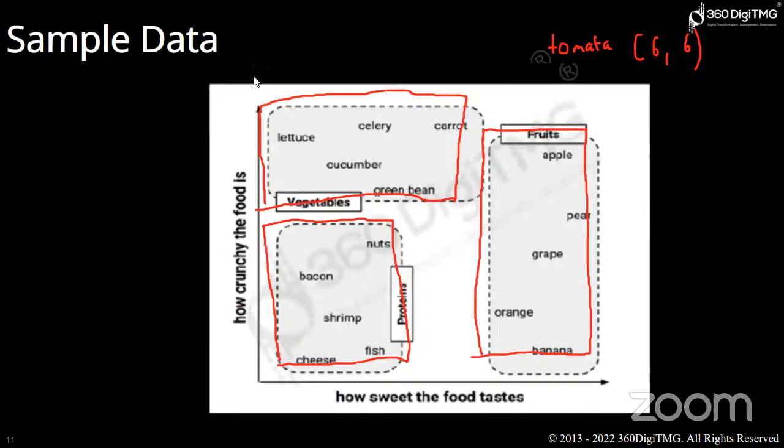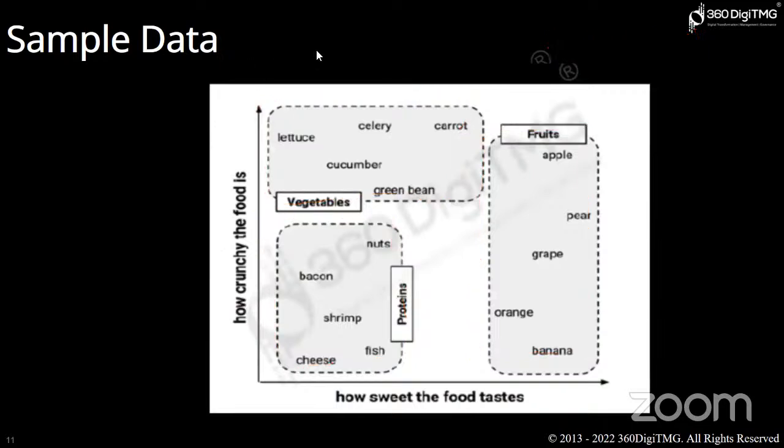So here we have some values of sweetness and crunchiness. Let's say, for example, 1, 2, 3, 4, 5, 6, 7. No, this is too little. 1, 2, 3, 4, 5, 6, 7, 8, 9, and 10.